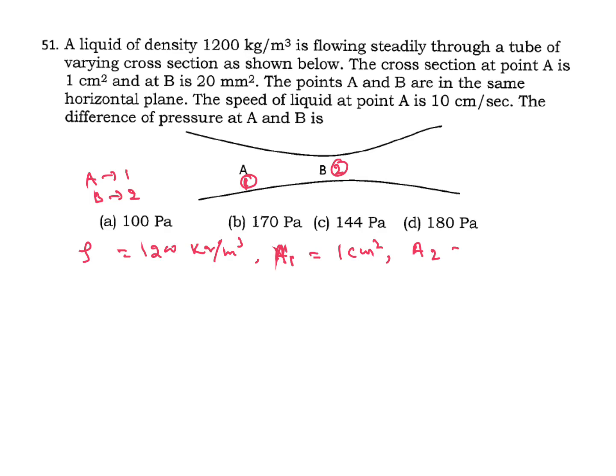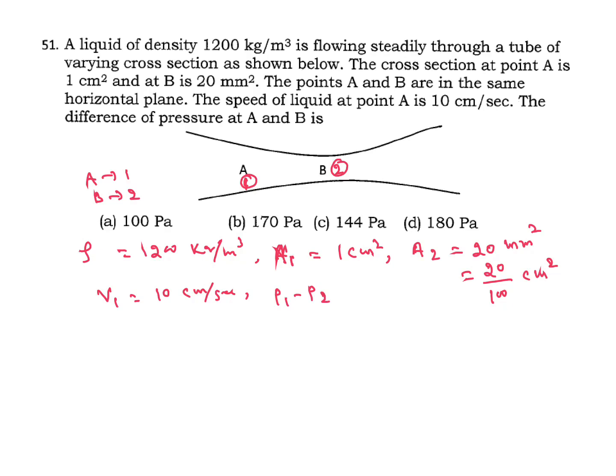So 20 by 10 square is 100 centimeter square. And speed of liquid at point A, V1, is 10 centimeter per second.